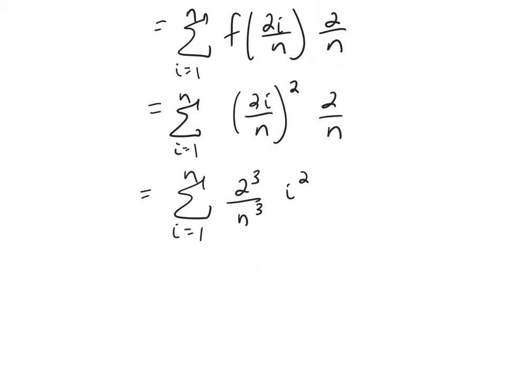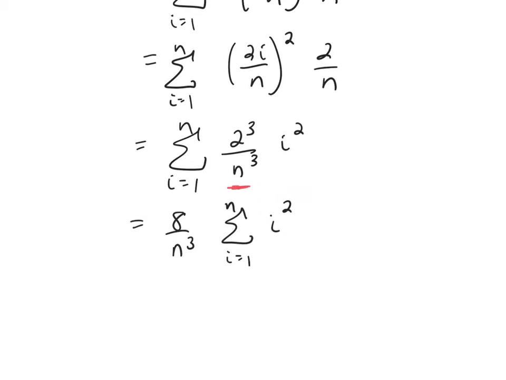Now this part that's in front here, that has no i in it, it's a constant, and so I can pull it out in front. So this becomes 8 over n cubed, the summation from i equals 1 to n of i squared.